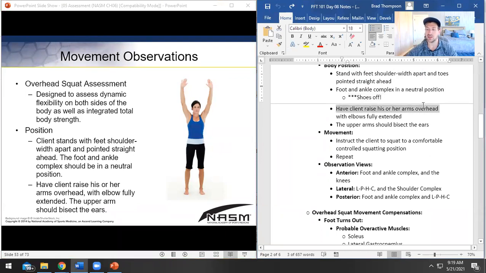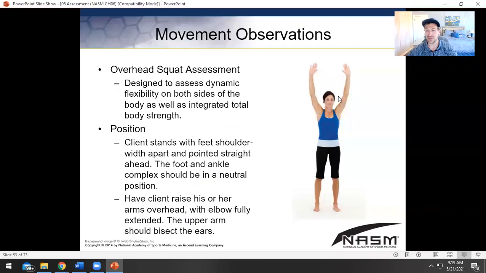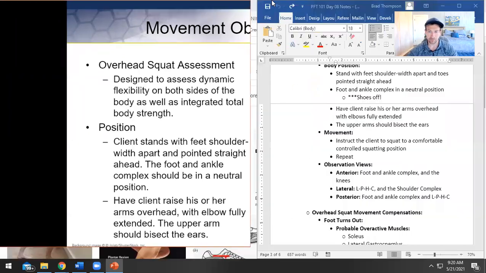Then you're going to have them raise their arms overhead with elbows fully extended. Now, I will say this PowerPoint does this weird thing. This lady has a fantastic overhead squat, but she does do palms forward, which NASM does not specifically say.